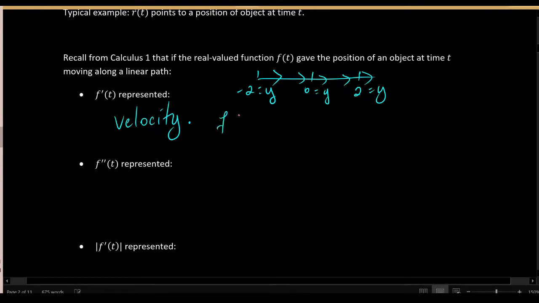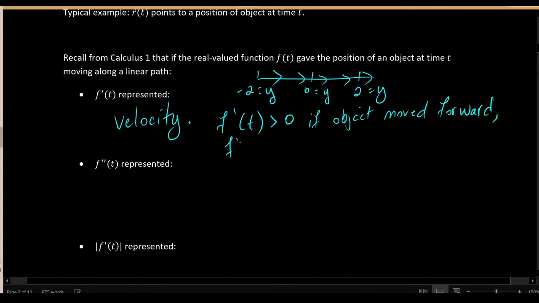In this one-dimensional real-valued case, the velocity was a positive number if the object was moving forward, and the velocity was a negative number in the case that the object was moving backward along the path. If we had a scalar valued function representing position, then the derivative of position was velocity.